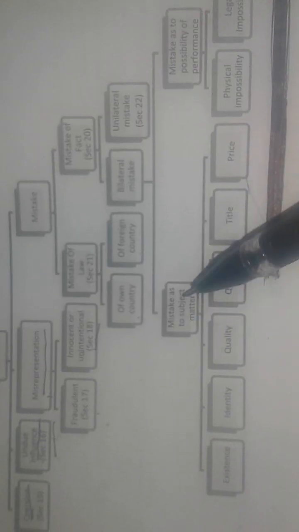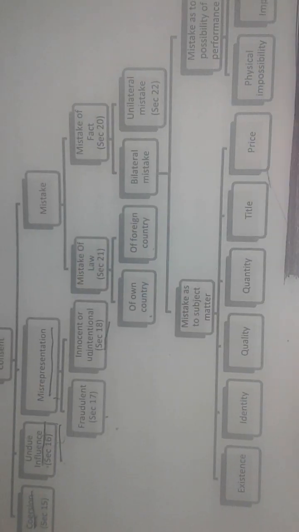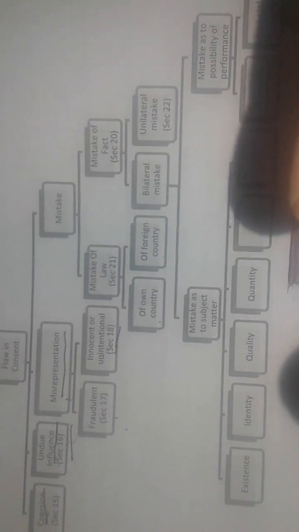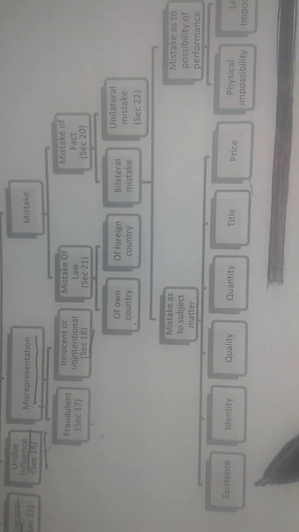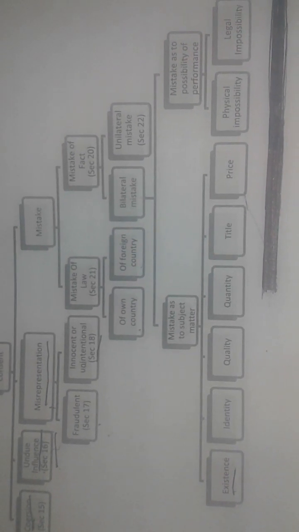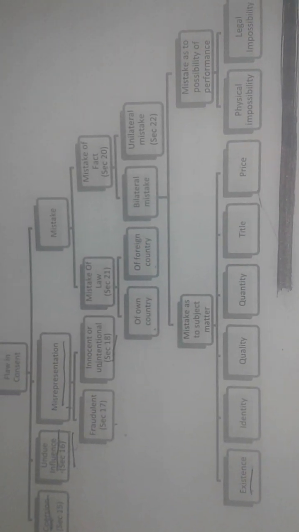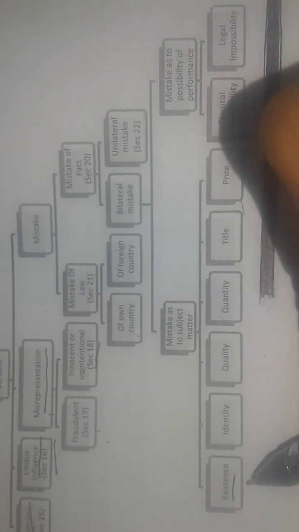As the name suggests, mistake as to subject matter means the mistake has occurred in the subject matter. For example, existence. If they make a contract on an object which does not exist, this becomes an existence mistake. That particular product is not existing at the time of making the contract, yet they have made the contract in order to get it in future endeavors, right?